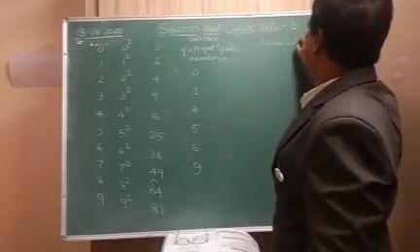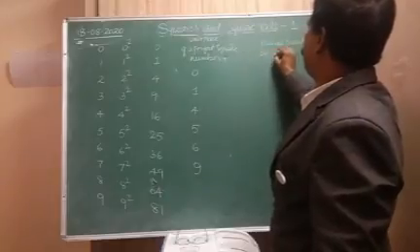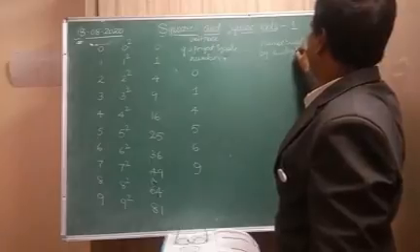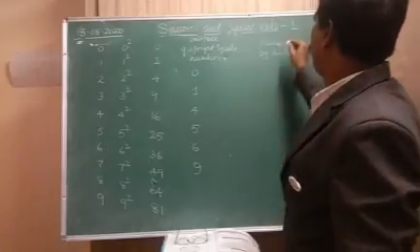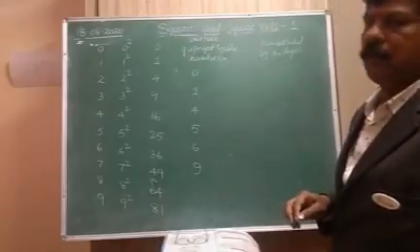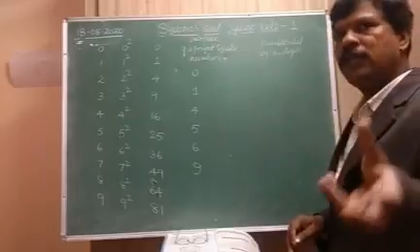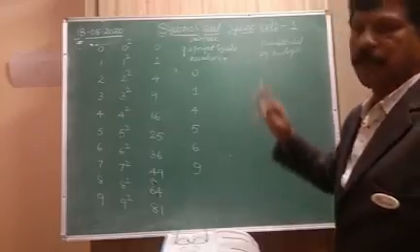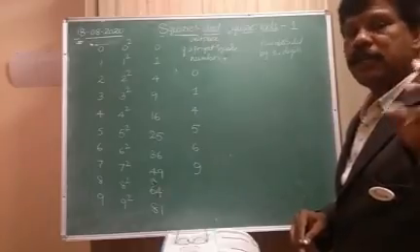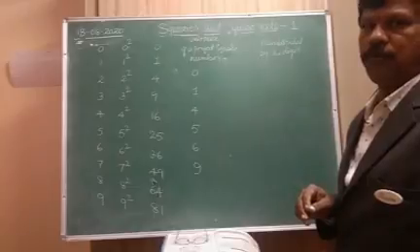So for example, if you see that a perfect square number ends in 0, then you should think which number on squaring gives 0.